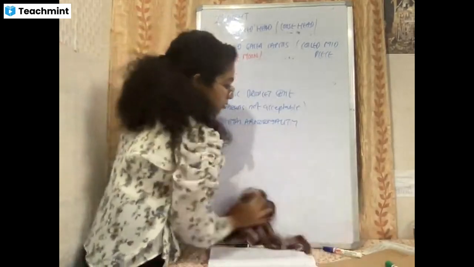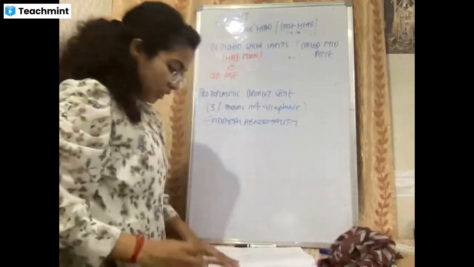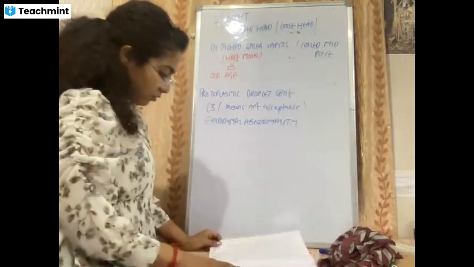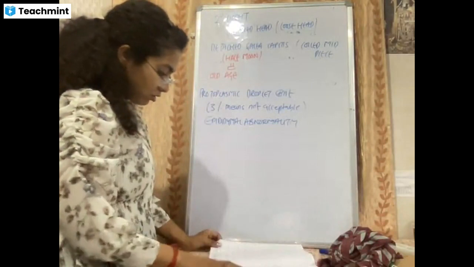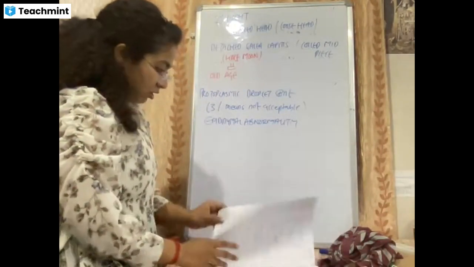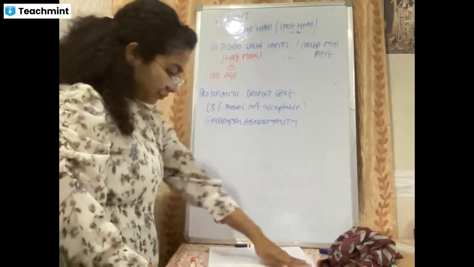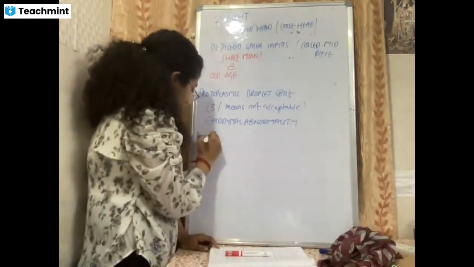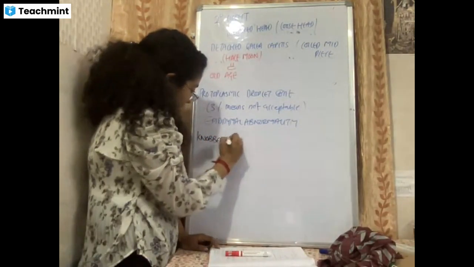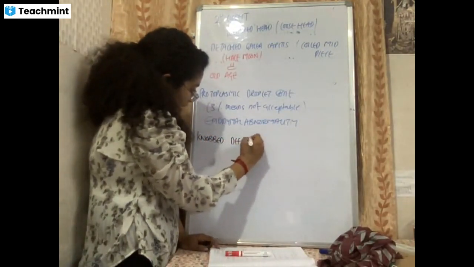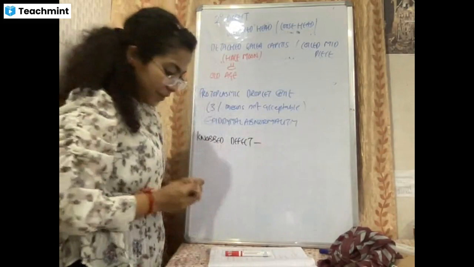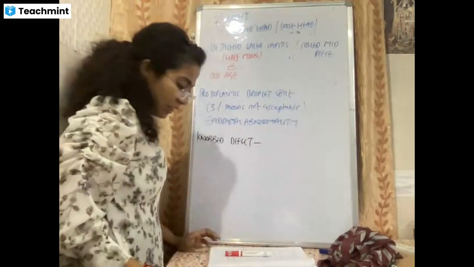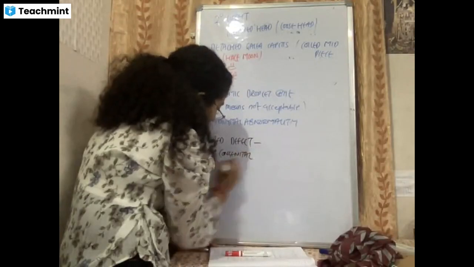Now we come to the specific defects. Specific defect is knob defect. It is a congenital defect.